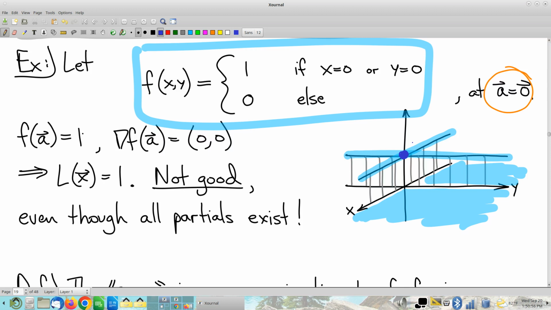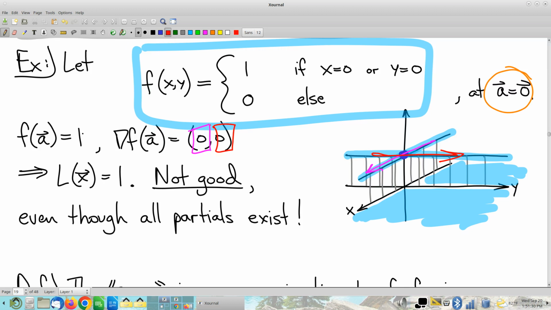Can I take a partial derivative? How does this function change as I move, for example, in the x direction? As I move in the x direction, no problem. The function doesn't change at all as I'm moving in the x direction. It's just constant 1. As I move from the origin in the x direction, the function's not changing. Ditto if I look at the y direction. The function's not changing in the y direction either as I move from the origin.